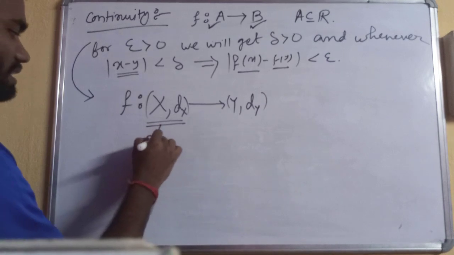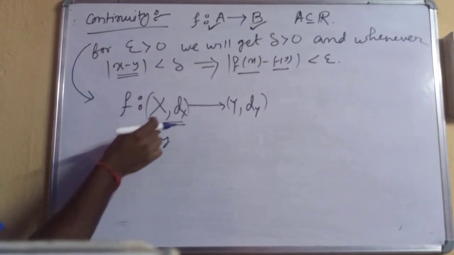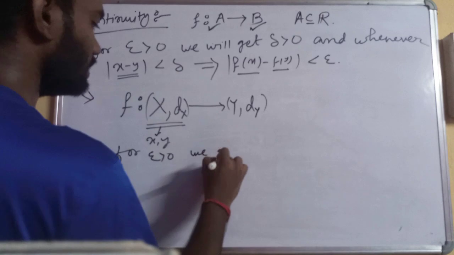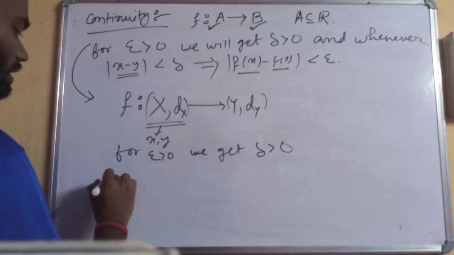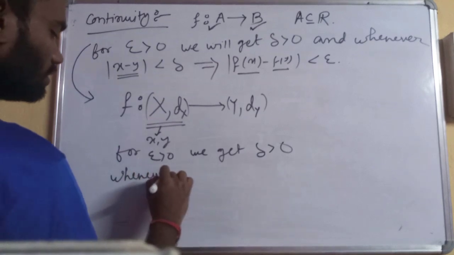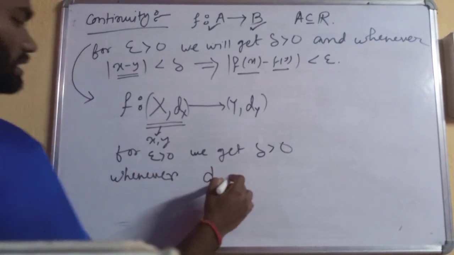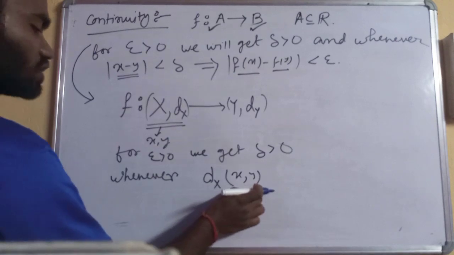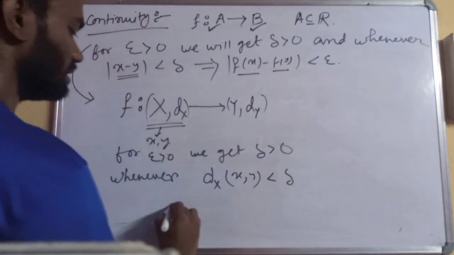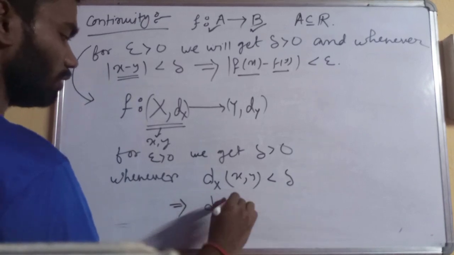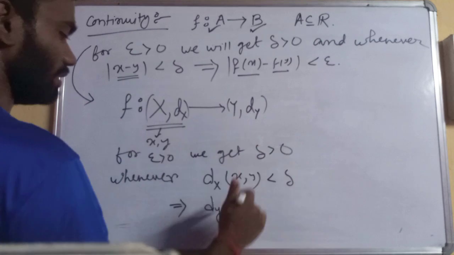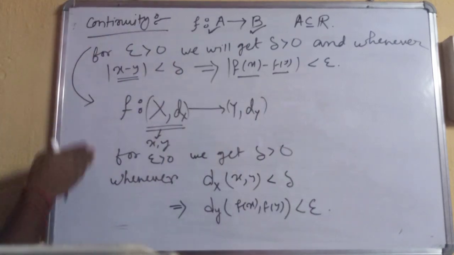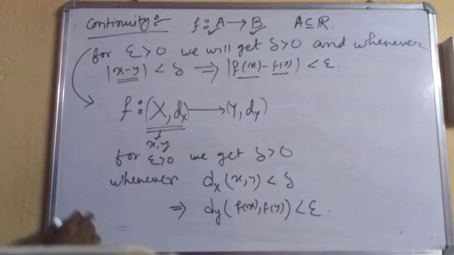When we take two points x and y from X, then for epsilon greater than 0 we get delta greater than 0, and whenever d_X of x comma y is less than delta, then d_Y of f of x comma f of y is less than epsilon. This is the definition of continuity.